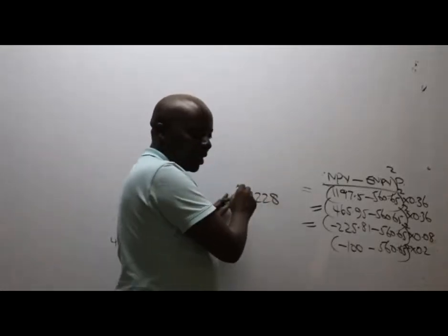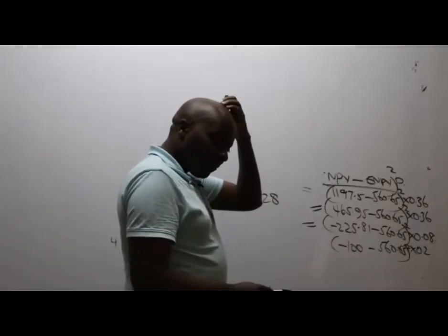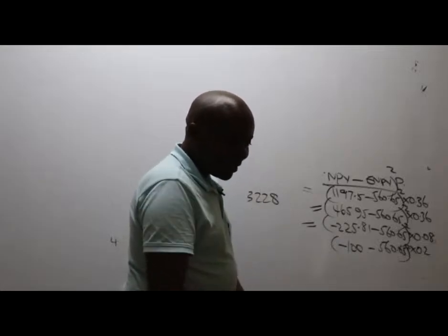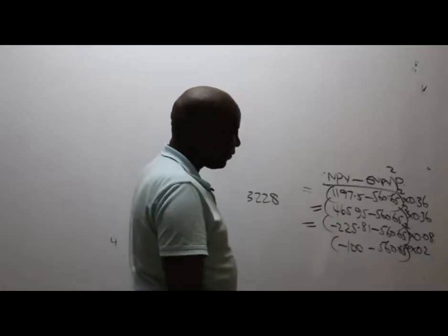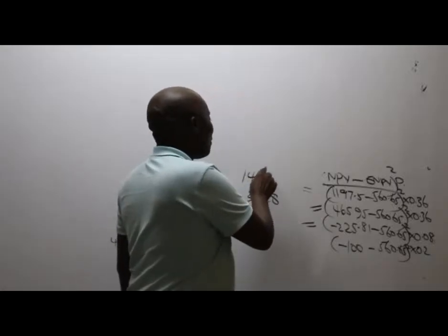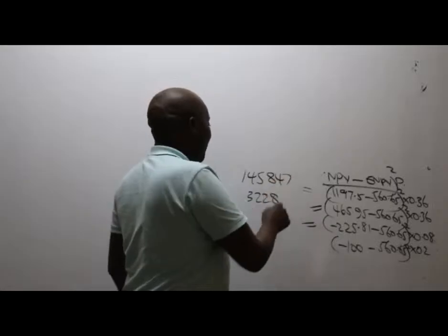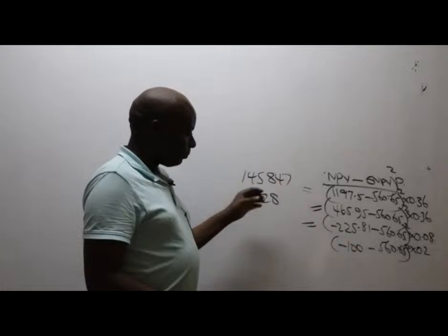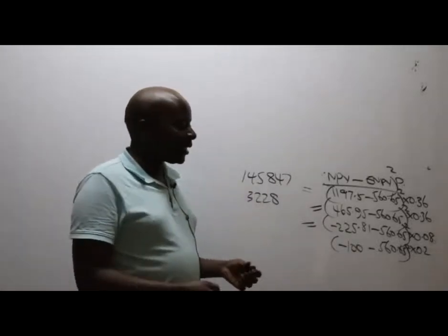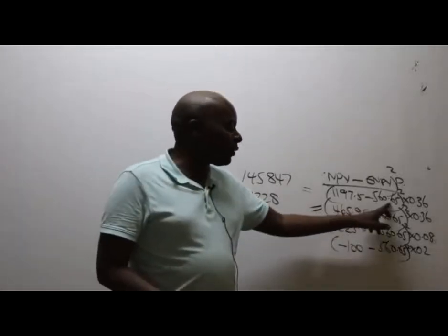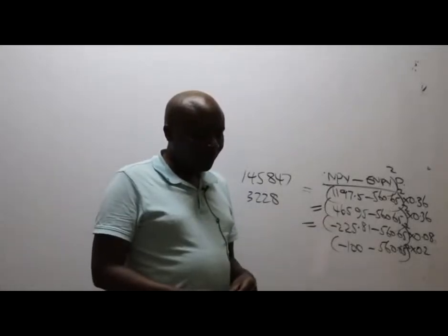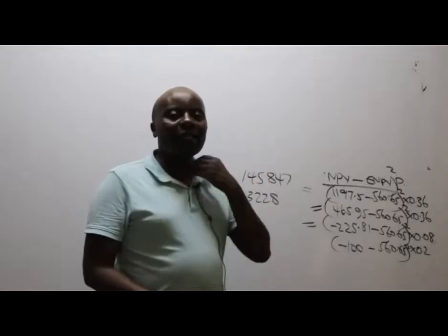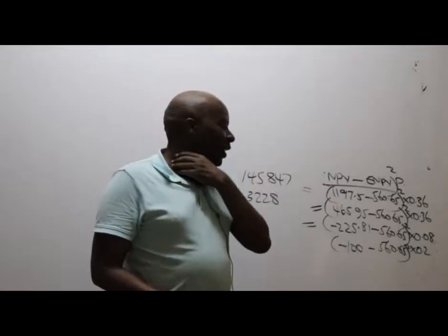The first one I have is 145,847. Let's not fight. Let's just work with whatever figure you have there. Those are rounding-off errors, because I'm aware some of you never used 560.65 there. Let's go to the third one.